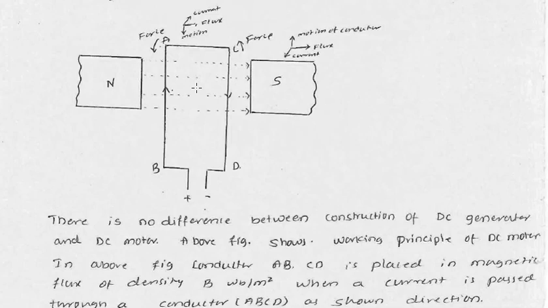All conductors will experience the force in this way, and cumulatively it will add up all the forces, and because it is mounted on a shaft, it will get converted into a torque. That is how the armature starts rotating. So for a given DC supply, that will get converted into mechanical motion. This is how the DC motor operates.